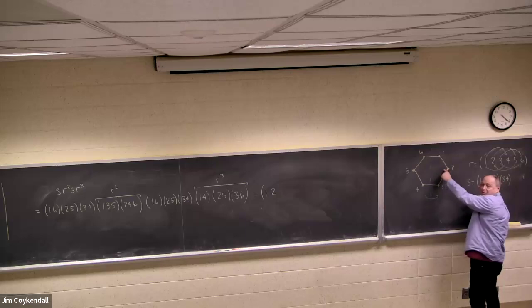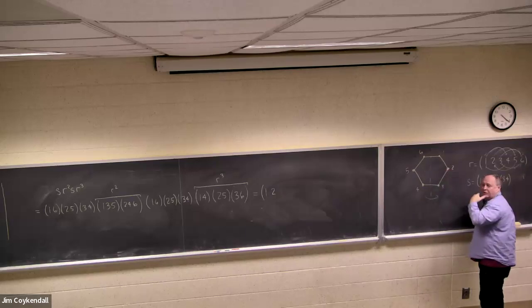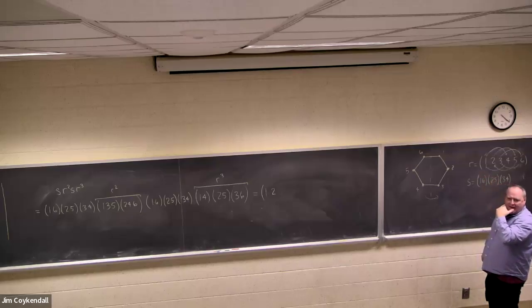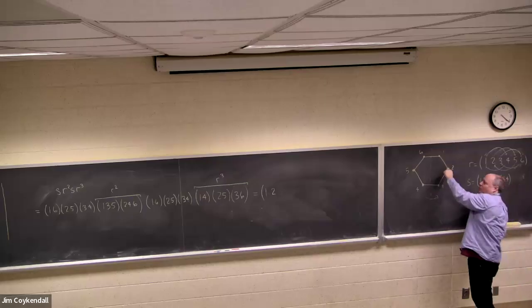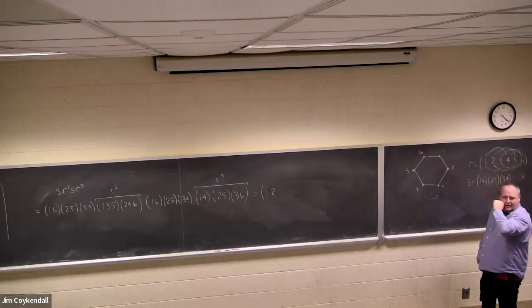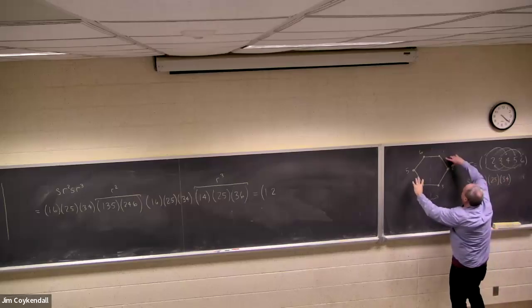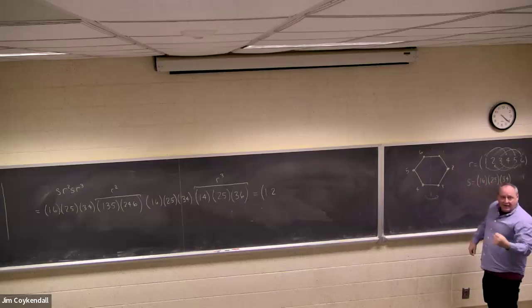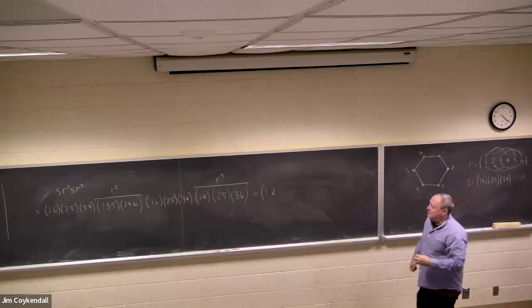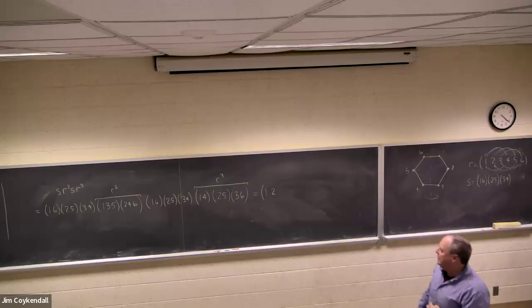1's already gone to 2. So if this is an action, if this rotates this, it's either this rotation. What else could it be? Does it have to be this rotation if 1 goes to 2? You could actually flip it this way. That's a possibility. Let's see what happens. Where does 2 go?